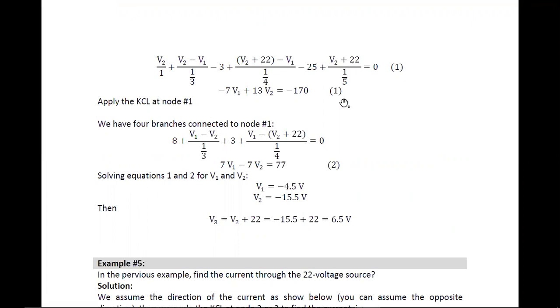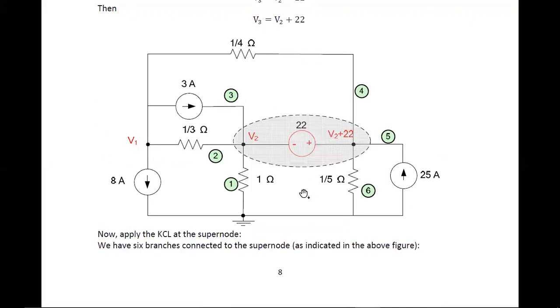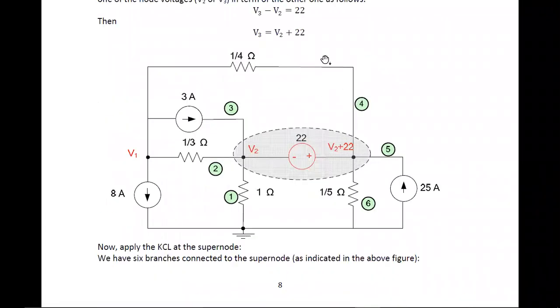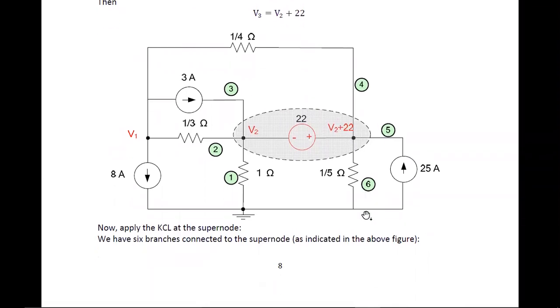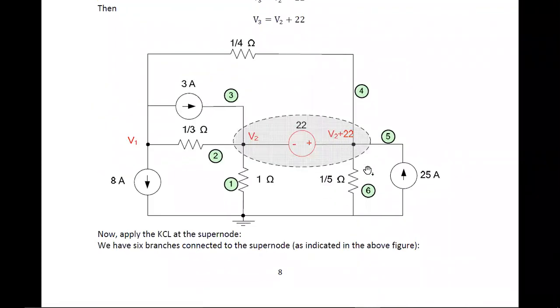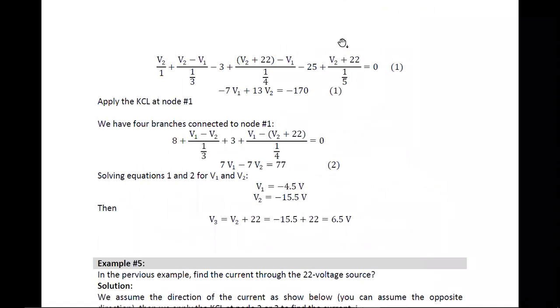Then V2 plus 22 by 1 by 5, V2 plus 22 by 1 by 4, and V2 plus 22 minus V1 by 1 by 4, then V2 plus 22 by 1 by 5. This is up to here. Then what about the 25? It will come to here.